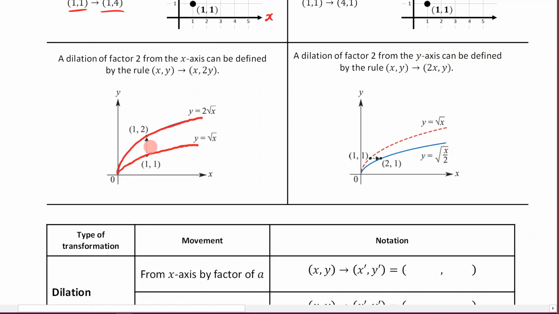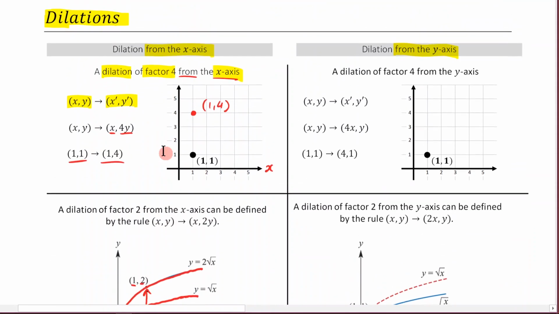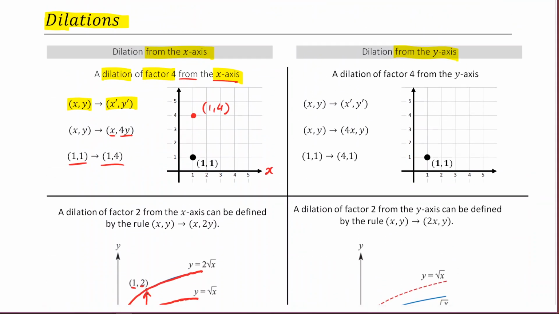They've got this arrow here, which is saying it's pushing it up, away from the x-axis. And as you can yet again see, my x value remains the same, but it's my y value that changes. So when you have a dilation from the x-axis, it is your y value that changes. That's important to note.